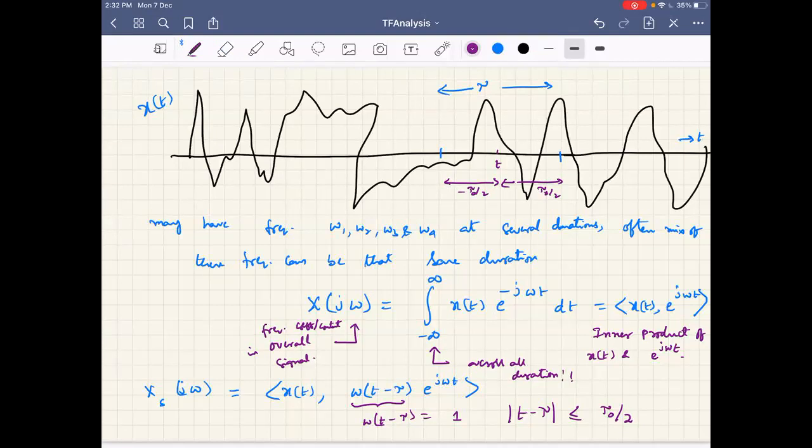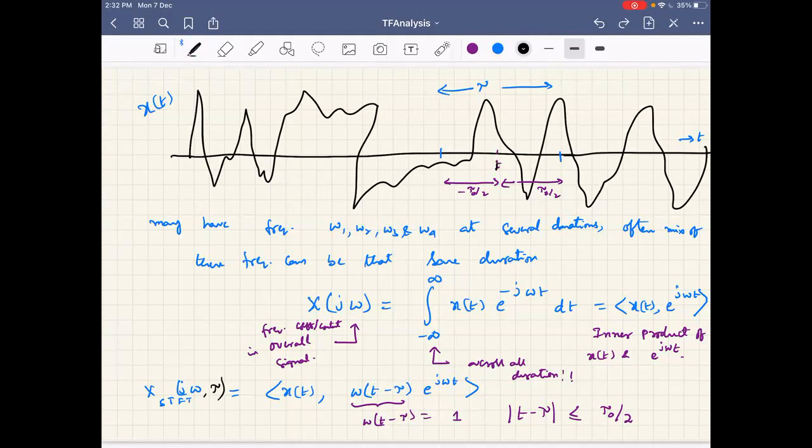This is referred to as the short time Fourier transform. Hence the short time Fourier transform is not just a function of frequency, but also a function of tau, because at a given tau I am analyzing the signal.